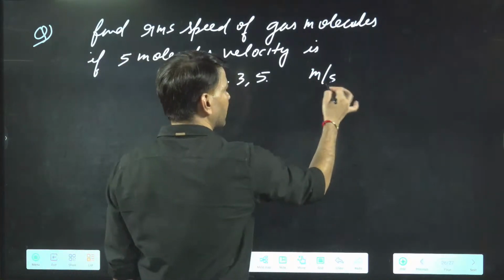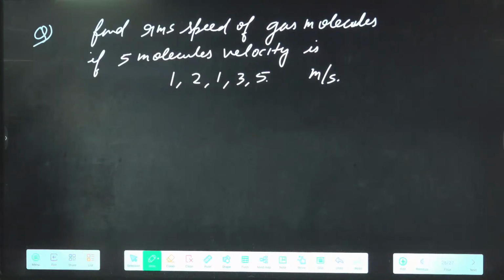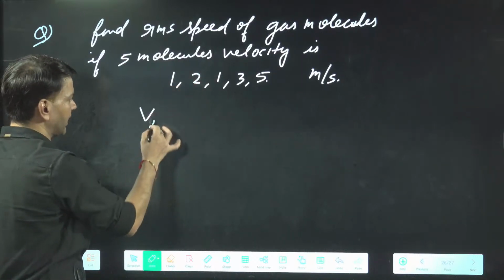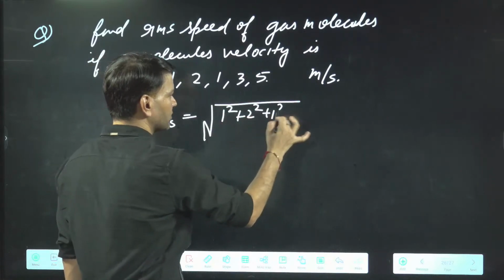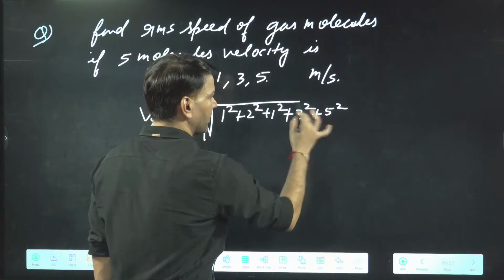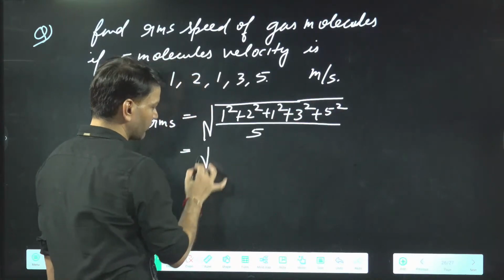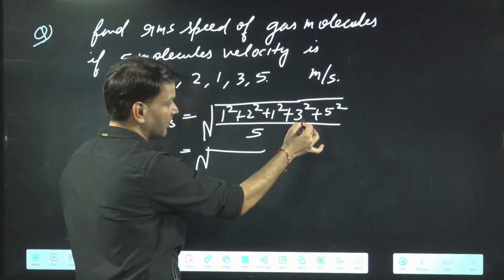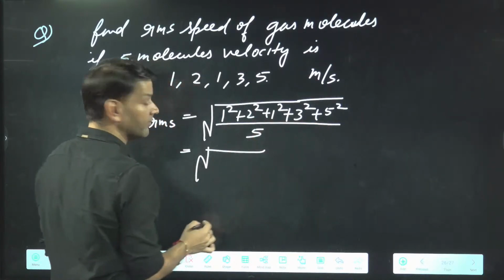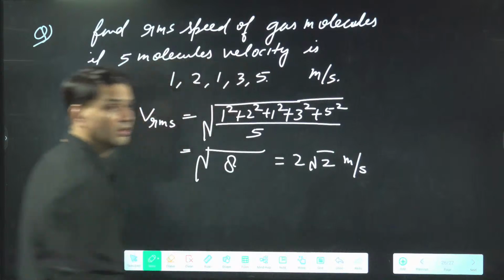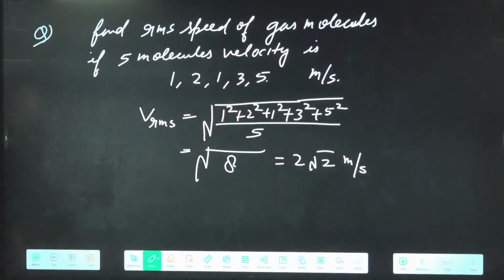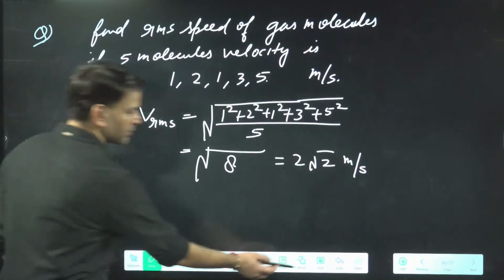I am asking the RMS speed of the molecules. So the basic formula applies here directly. Vrms is under root of 1 square plus 2 square plus 1 square plus 3 square plus 5 square, by 5. That you will get as under root of 1 plus 4 plus 1 plus 9 plus 25, which is 40, 40 by 5 is 8. So root 8, which is 2 root 2 meter per second. First formula-based question, then we will discuss more.